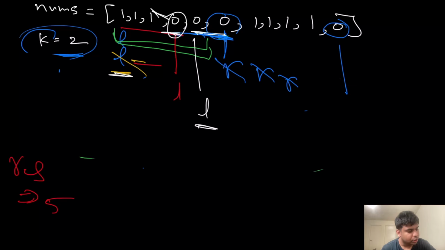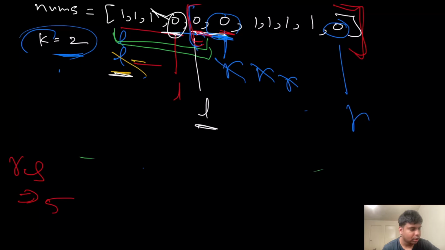When you move here, now we have 3 zeros. So remember, where was your L? Your L was here and your R is here. So now how many zeros do we have? 1, 2, 3 zeros.